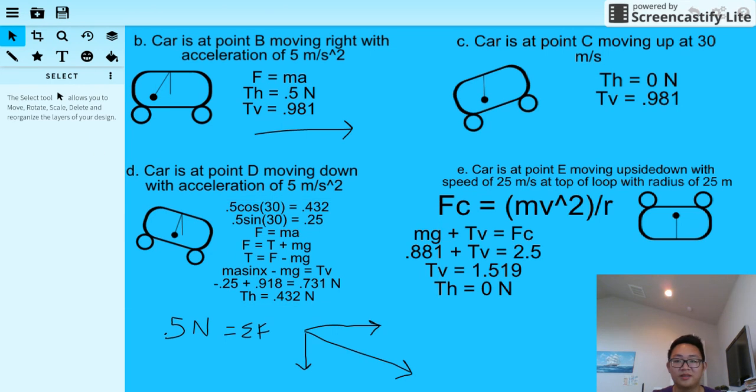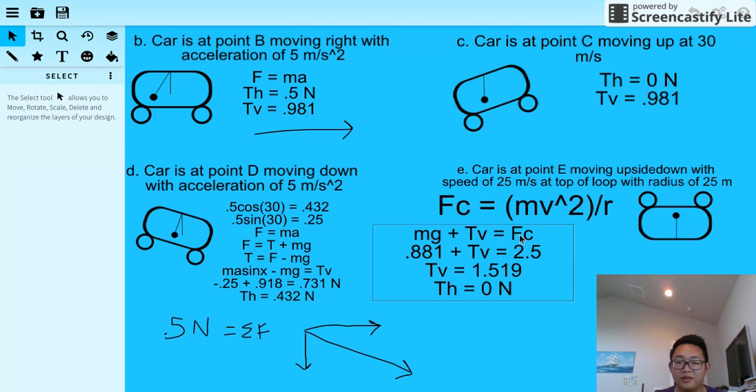Then we move on to E. In E, the cart is upside down at the top of a loop. It is moving at a constant 25 meters per second at that point, and the loop's radius is 25 meters. So we have this equation, force centripetal equals mv squared over r. So we can solve for that. And we know that force centripetal is made up of two forces, that is weight and tension vertical, because both of those forces are pulling towards the center of the loop.